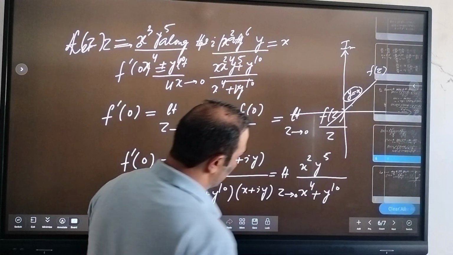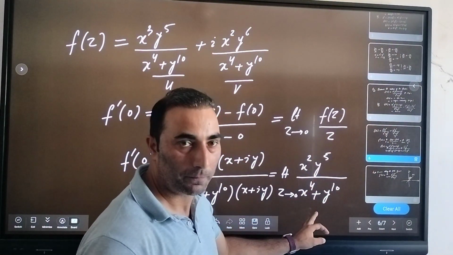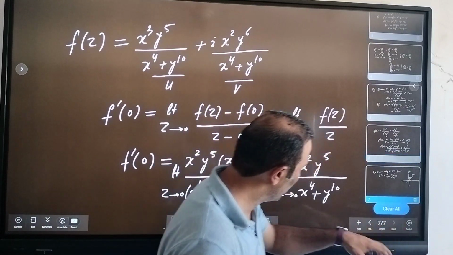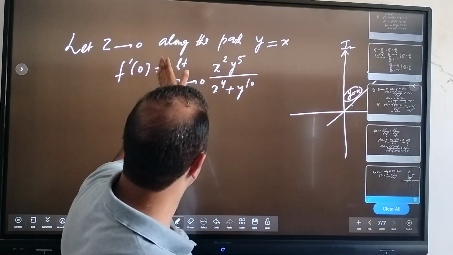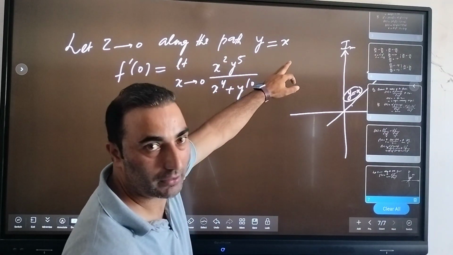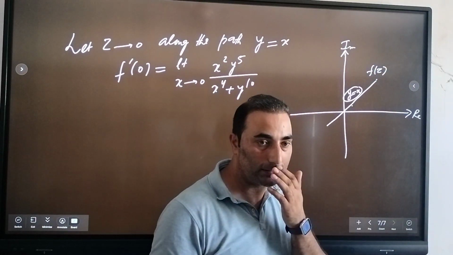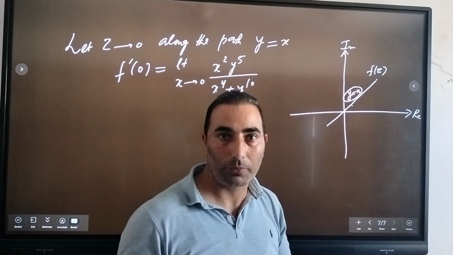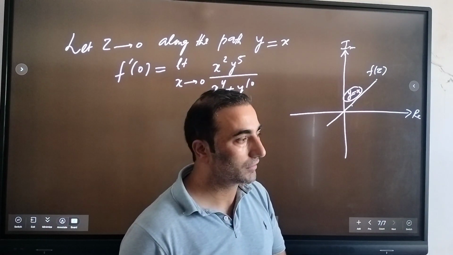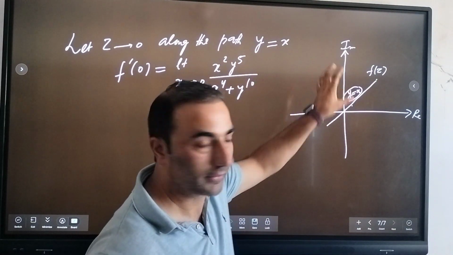Just check that, because we have this equation: limit z tends to 0, x square y raised to power 5 divided by x raised to power 4 plus y raised to power 10, right? And I am choosing here that z tends to 0 along the path y equal to x, that means we take y equal to x, because I need to choose different paths. We need to see whether this derivative exists by choosing different paths from some point z to z naught, right?